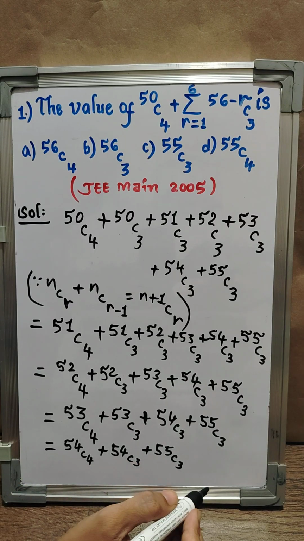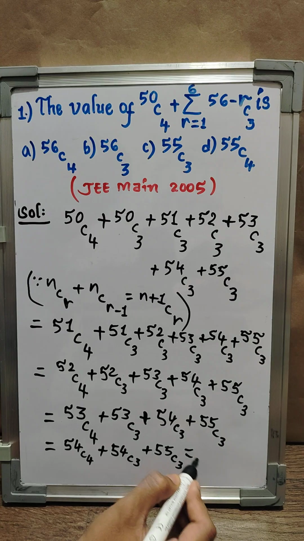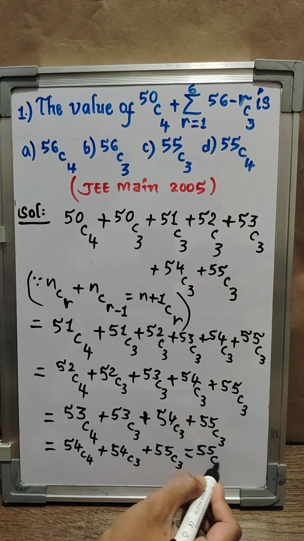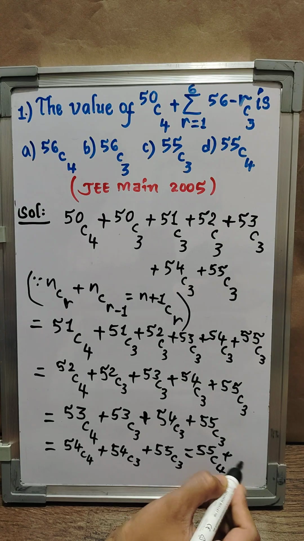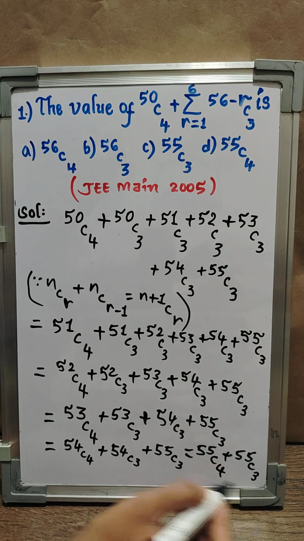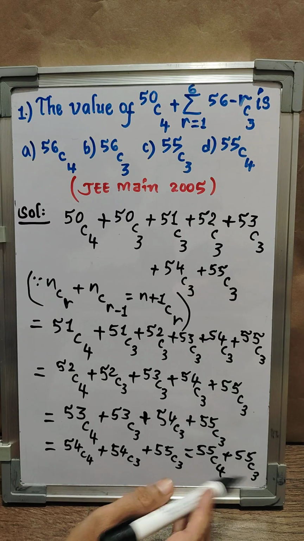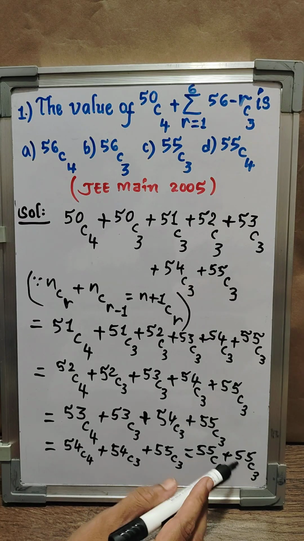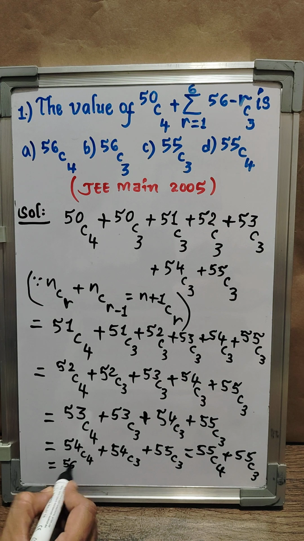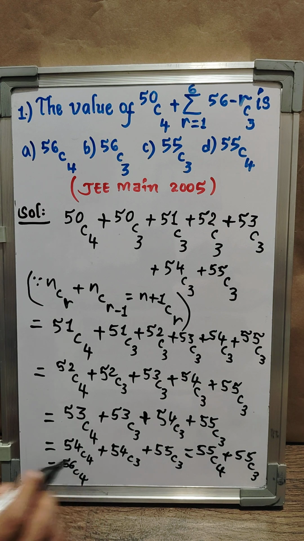Instead of the first two terms, we can write it as 55C4 plus 55C3. Instead of these two terms, NCR plus NCR minus 1 is N plus 1 CR, so 56C4. 56C4 is the right answer in this.